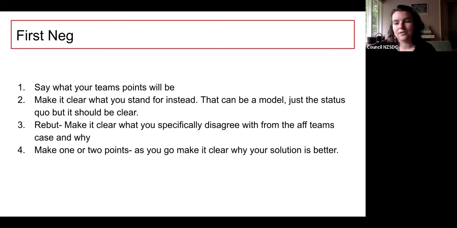So the difference there is that if the affirmative team is saying the sky is blue and you're saying the sky is grey, rebuttal is about saying they said the sky is blue because the sea is blue. Well, actually the sea is green.